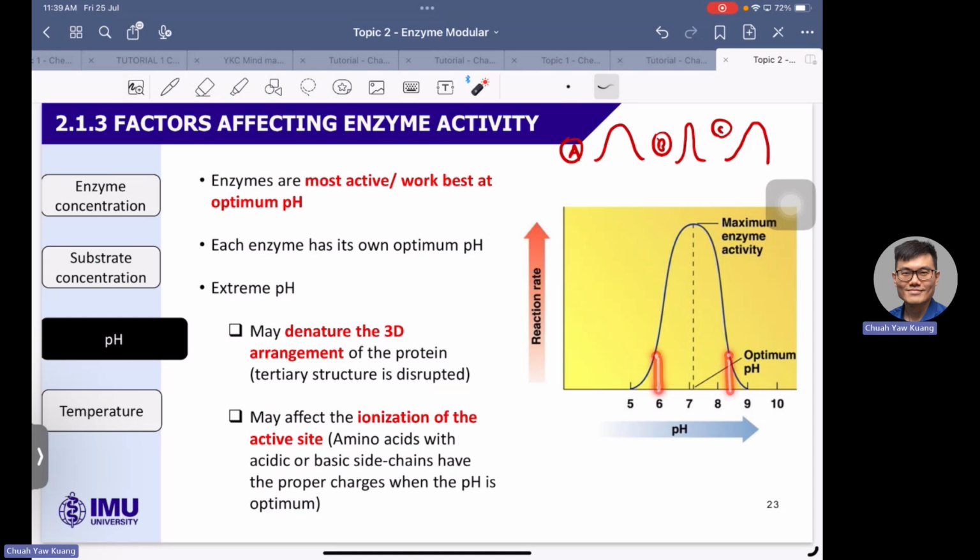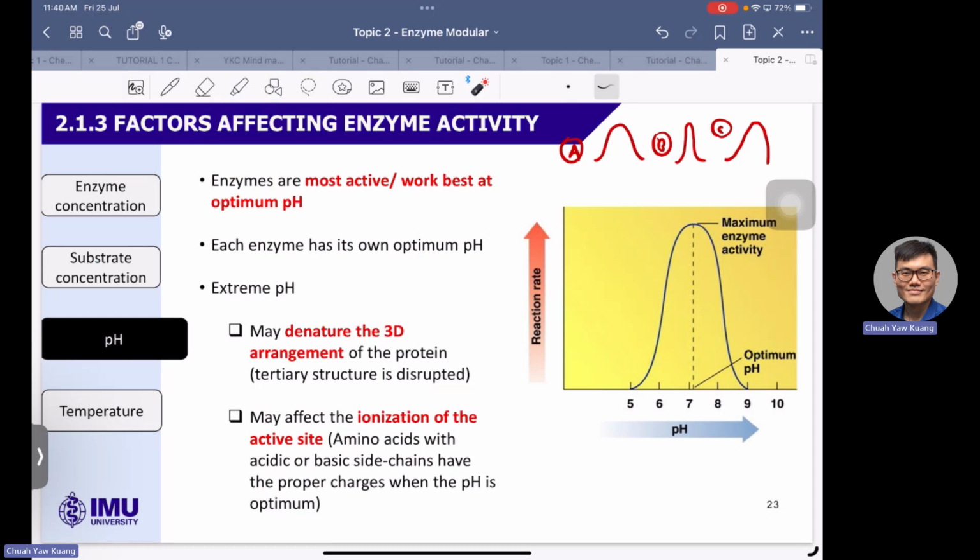So that's why the graph is very narrow. What is the reason behind this? This is another question that can be asked. The graph of the pH being very narrow means that just a small change in the pH is going to cause a very drastic decrease in the rate of reaction. Please remember, when you describe it, say drastic decrease or drastic drop.